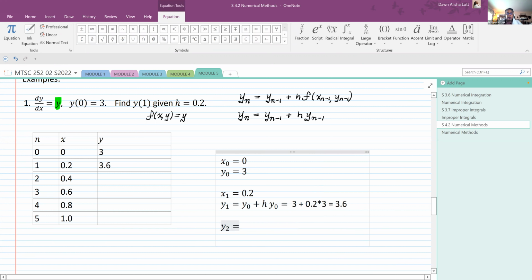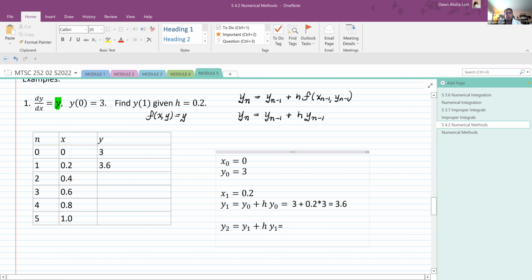y2 is going to be y1 plus h times y1. So y1 is 3.6 plus 0.2 times 3.6.